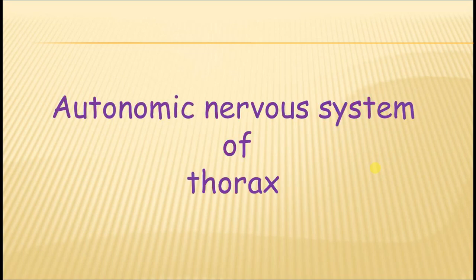Now I will pass on to the next part of the lecture, which is the autonomic nervous system of the thorax. You all know that the autonomic nervous system of the thorax consists of the sympathetic part and the parasympathetic part. The parasympathetic part is mainly taken care of by the vagus nerve.